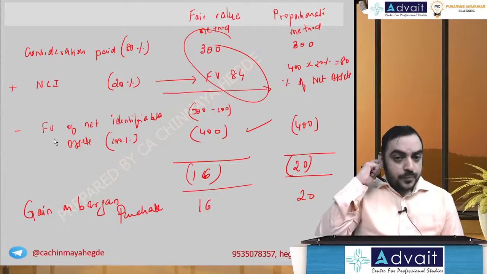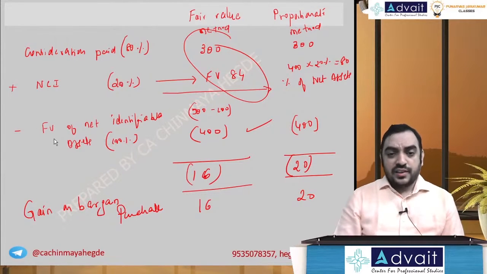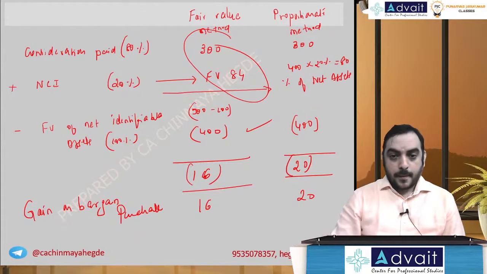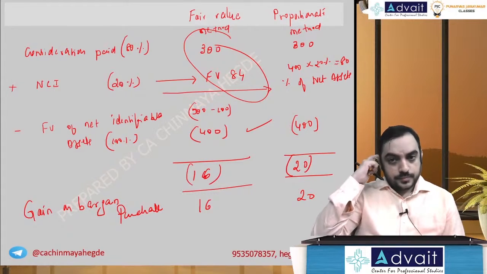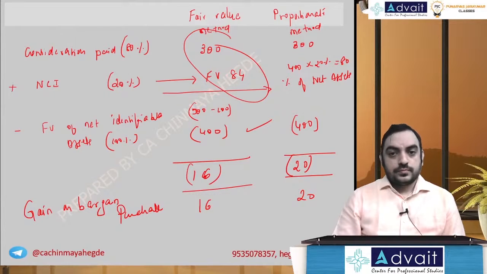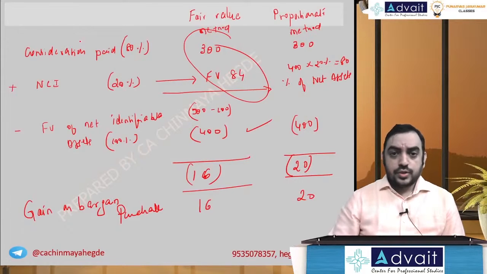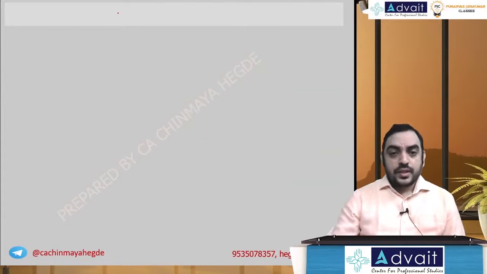Okay. So they also have a journal entry. Okay, the journal entry is straightforward. So the journal entry, again I'll do it in a columnar format.